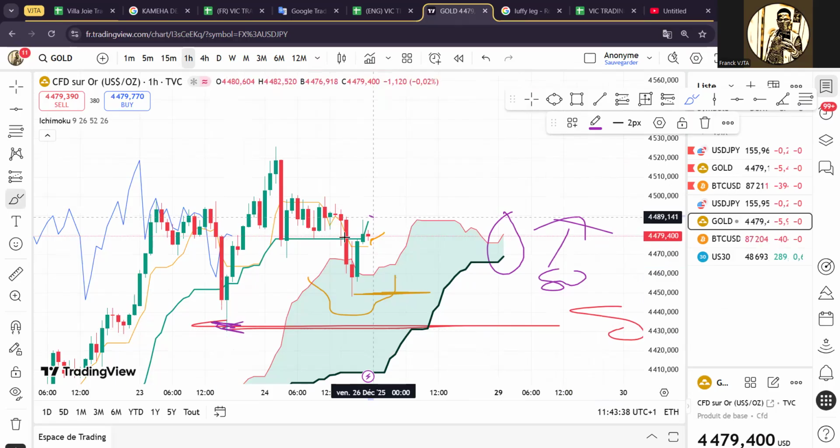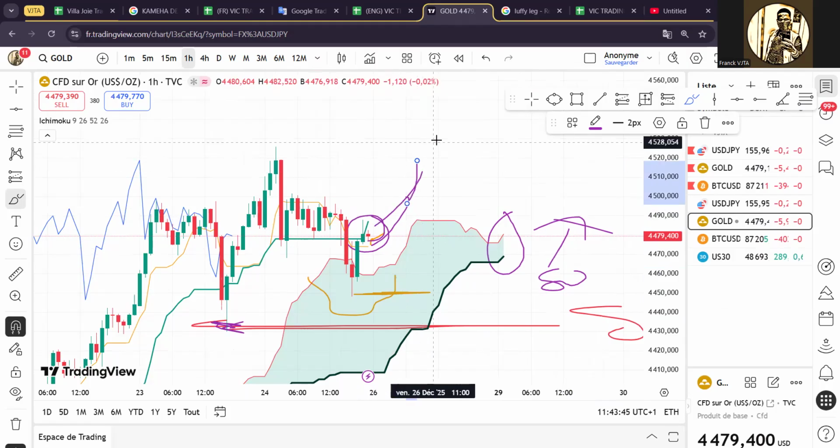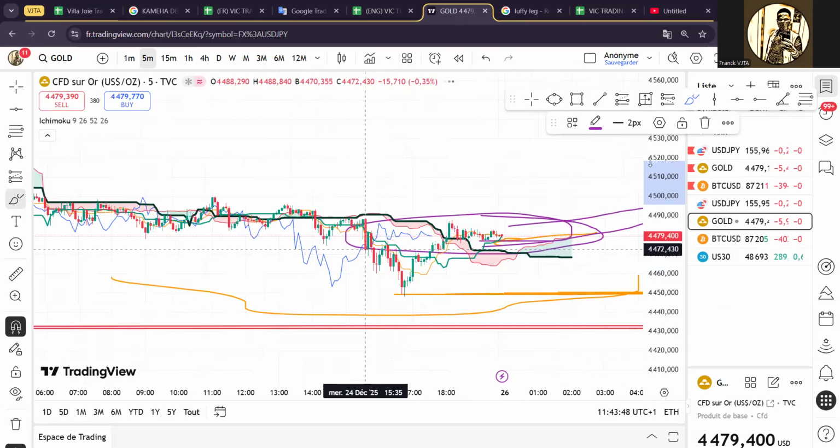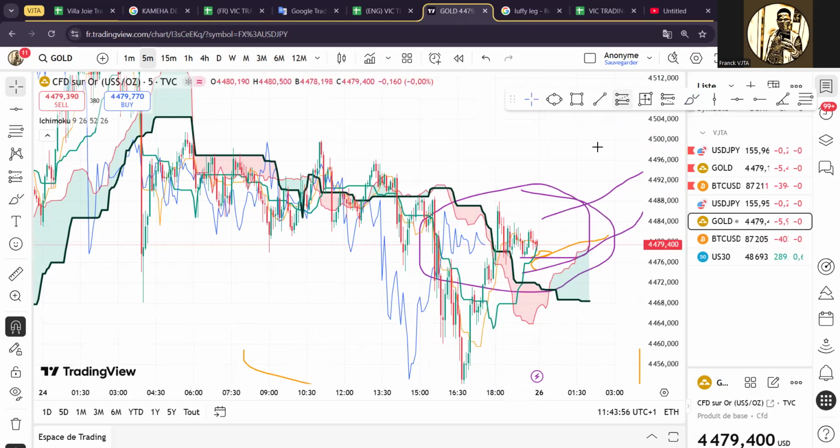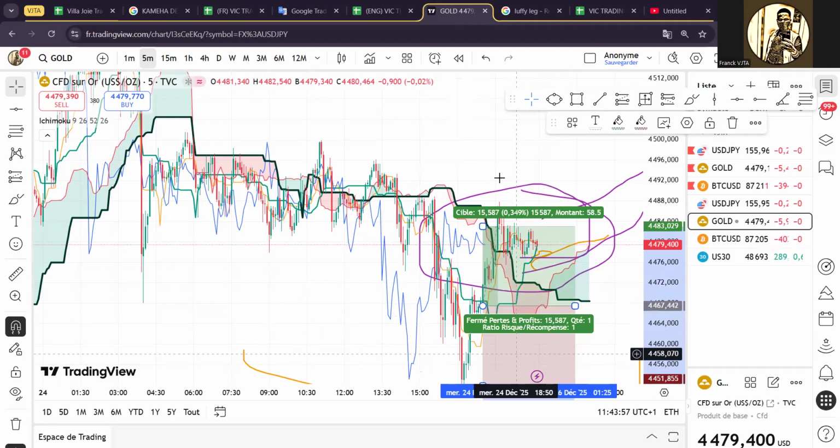And this TK is just a correction that is about to bend to the upside. So you can even go on 5 minutes and enter as soon as the Tenkan bends to the upside like this.